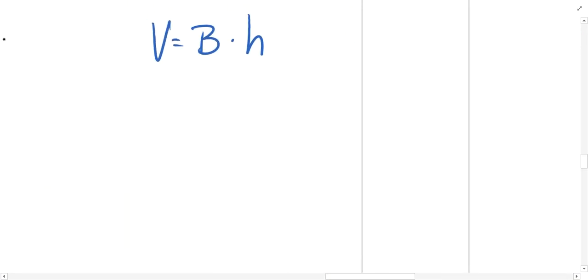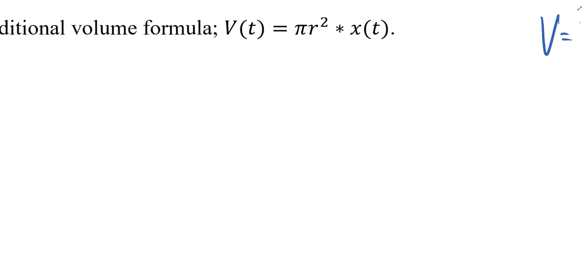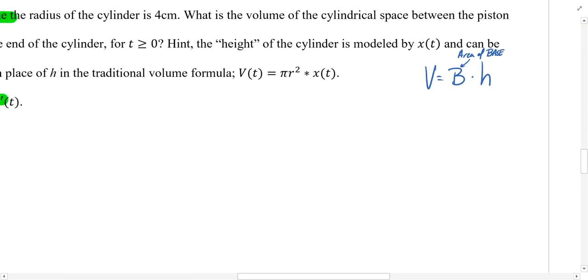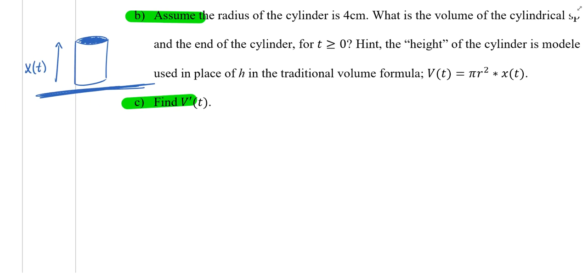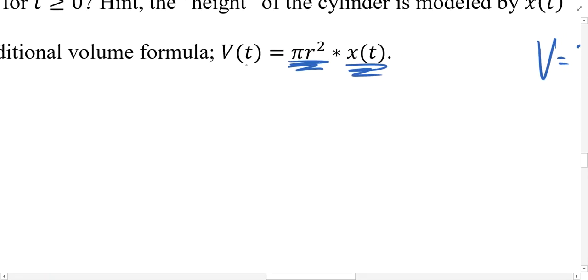That's why we would use a capital B here, where capital B means area of the base. So whether this is a cylinder or a prism or any other right shape, if we find the area of the base and multiply it by the height, that gives us our volume. So since the cross-sectional area of this particular cylinder is a circle, we're saying that the area of the base is pi r squared, and the height of the cylinder is that formula x of t.